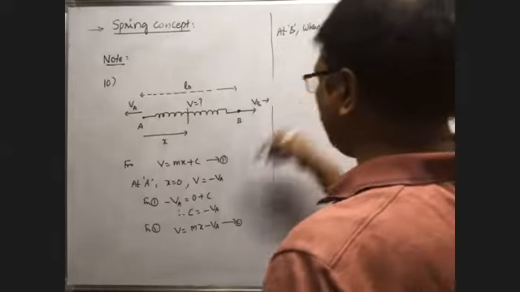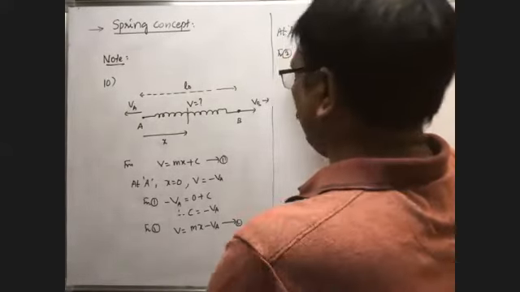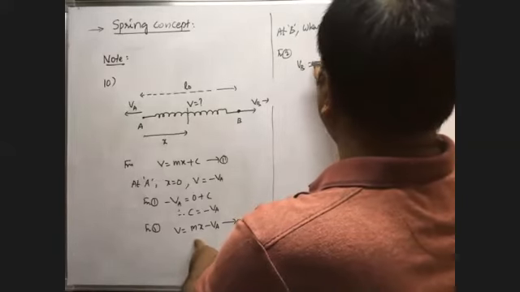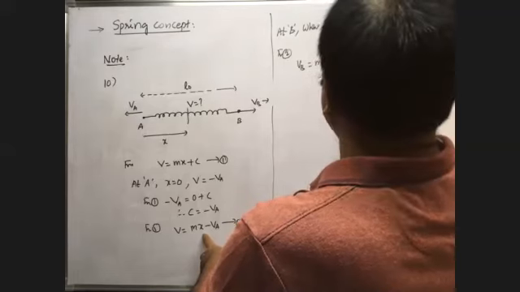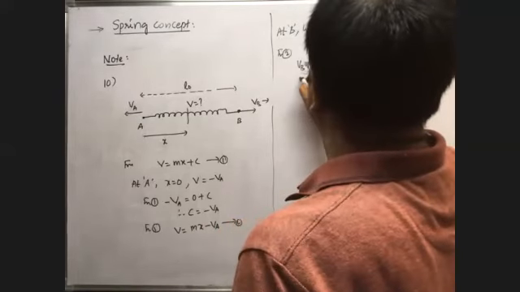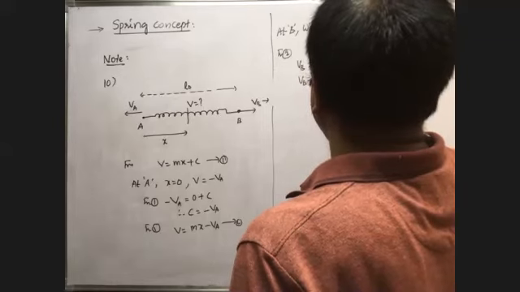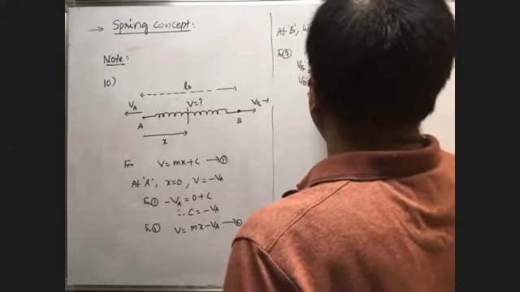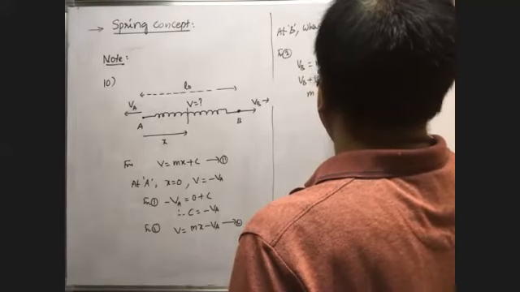We substitute that here from 2. VB is equal to M into (L0 minus VA). So from this, VB plus VA is equal to M into L0, or M is equal to (VB plus VA) by L0.